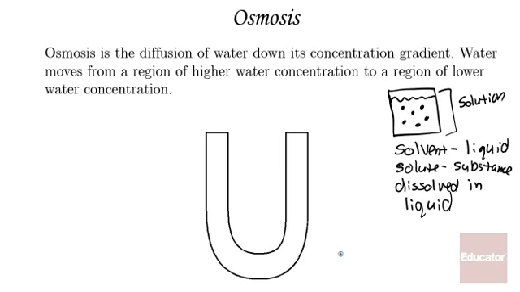And as I mentioned before with diffusion, diffusion is the tendency of a substance to move down its concentration gradient. So if I had a container, and within this container, I had some water, and I just dropped some sugar in the water. This sugar, initially say in a clump, is eventually going to disperse throughout.